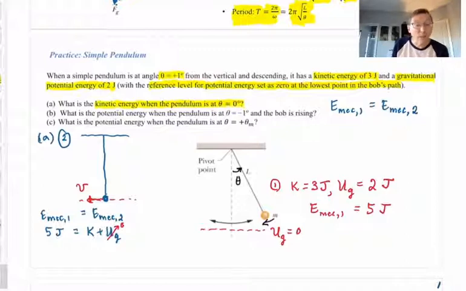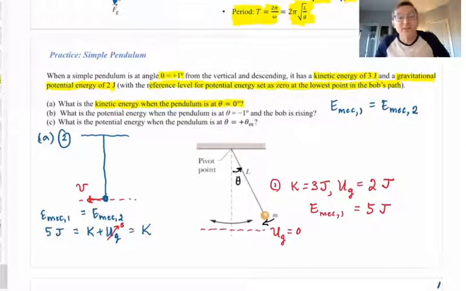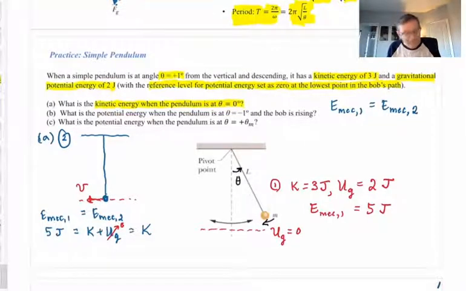Because it's at that low point. So the energy is entirely kinetic. So the 5 joules is all kinetic. So that's the answer to A, right? What's the kinetic energy when the pendulum's at theta equals 0? All the mechanical energy is kinetic, so 5 joules. That's A. That's it.